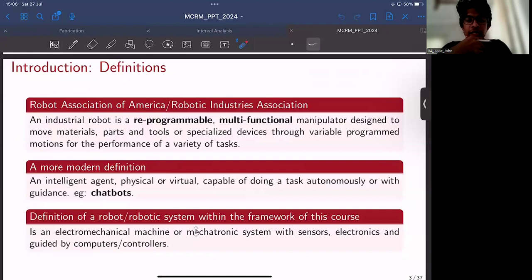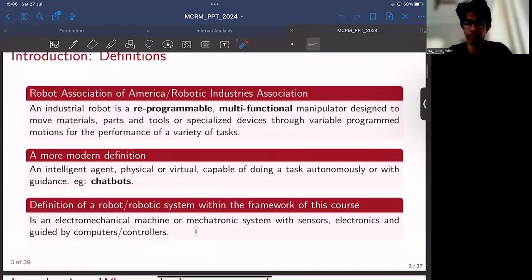Some people would classify a machine that is capable of performing automated tasks as a robot. Some people would argue that you have to incorporate some sort of intelligence in order for a machine to classify as a robot. So plenty of circles define robot based on their own ideas or principles.